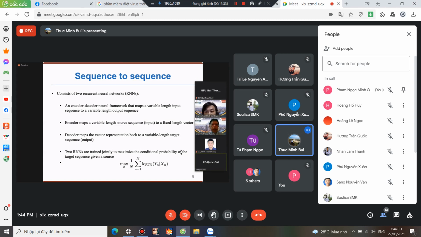The encoder maps the variable length source sequence to a fixed length vector, and the decoder will map the vector representation back to the variable length target sequence output.